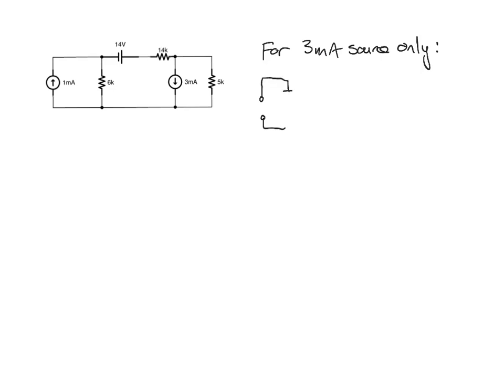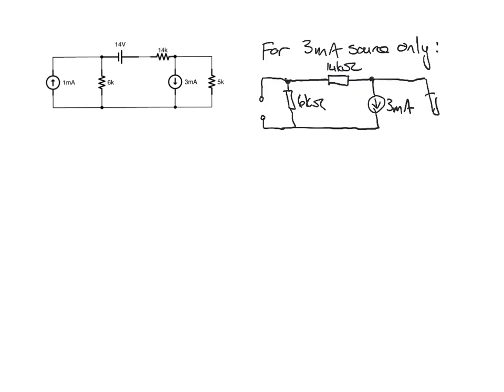We've got the 6 kilo ohms. We've short circuited the 14 volt source, but we've still got the 14 kilo ohm. We've got the 3 milliamp source, and the 5 kilo ohm.